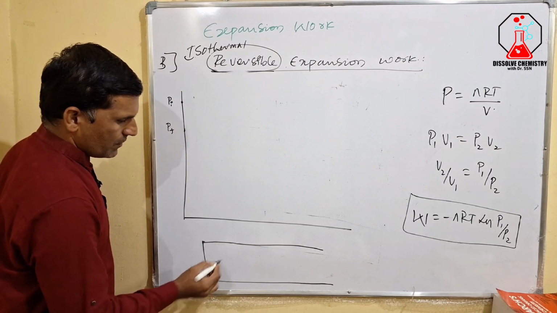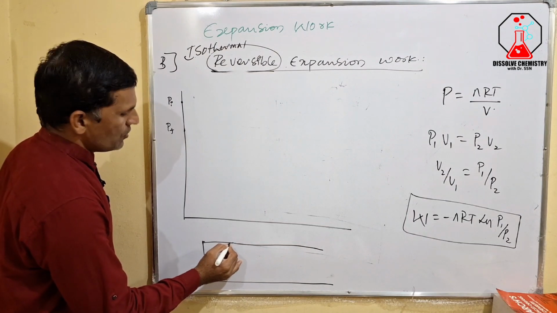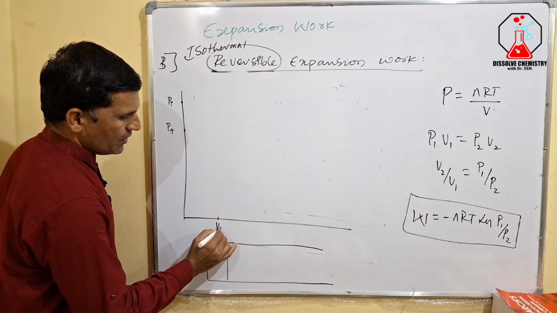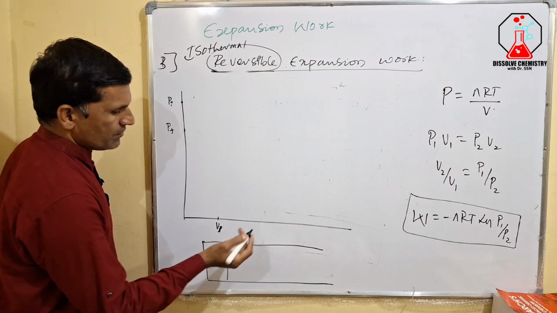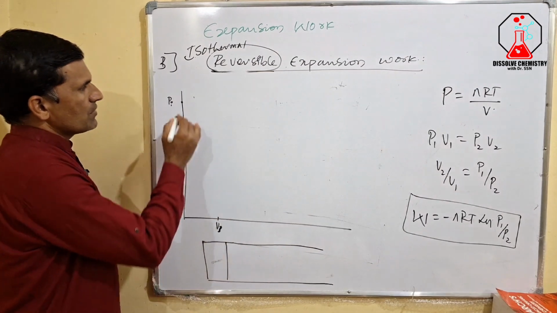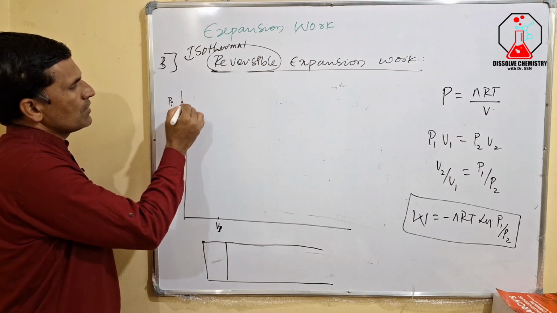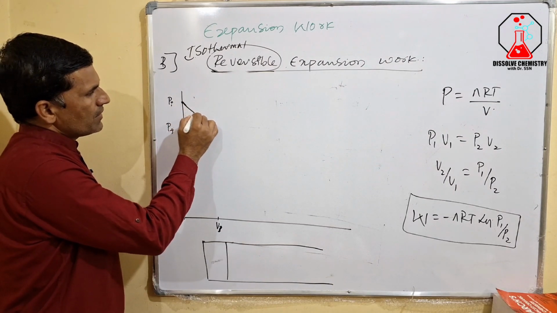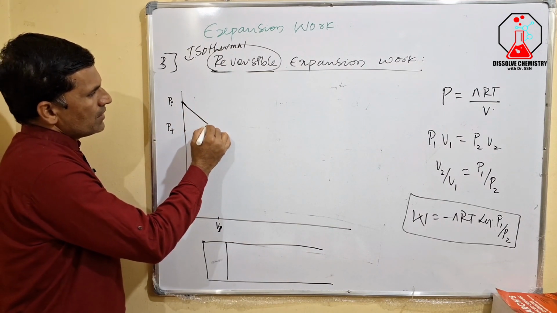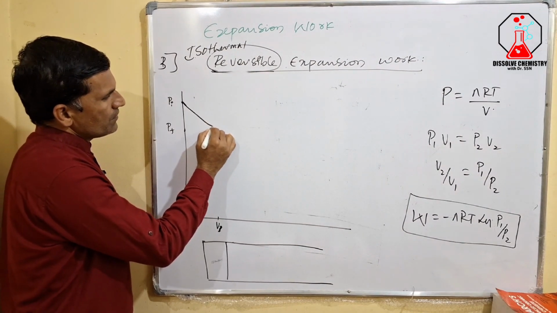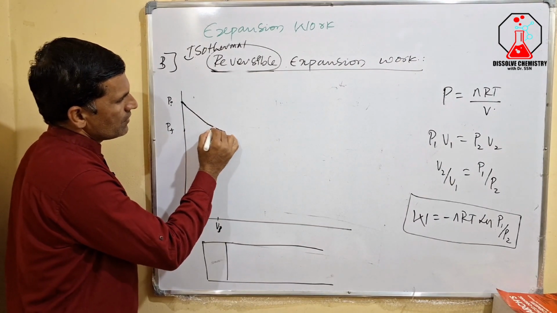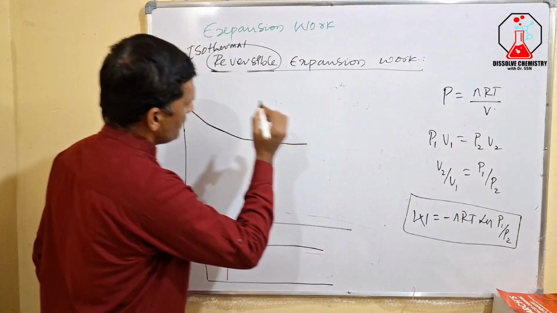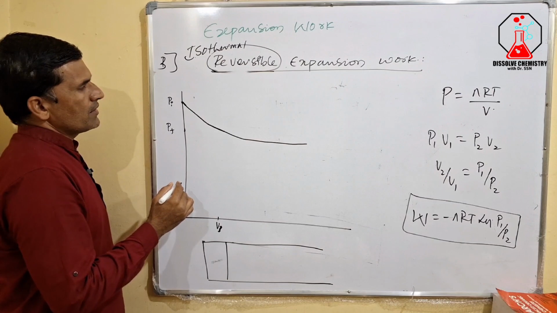Reversibly your gas is expanding, say this is the initial volume, we call it V initial or V1. Then as you go on decreasing the external pressure infinitesimally, a small change in the work we are going to observe. So then you will get like this.